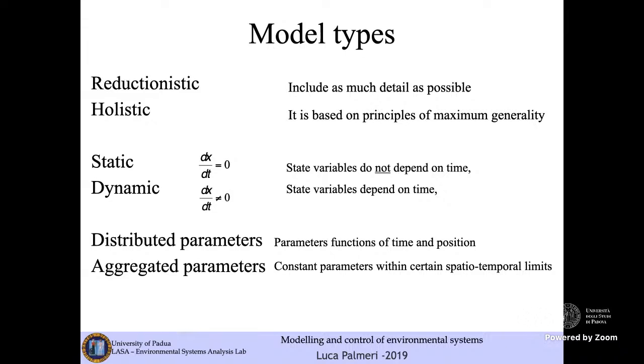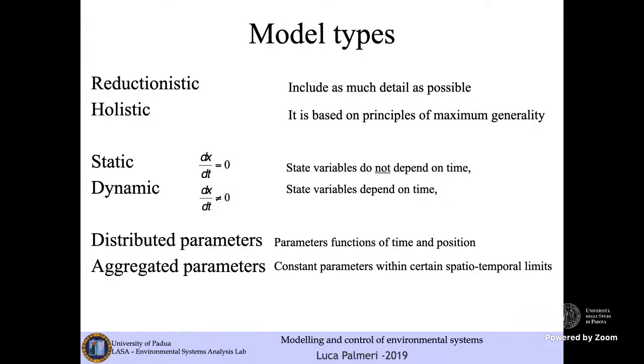On the contrary, a holistic model is a model in which you employ general indicators that are derived from principles of maximum generality, typically thermodynamic models in which you employ, for example, pressure, temperature, and volumes. These are holistic descriptions. Of course, there is the possibility of switching from reductionistic to holistic, and the tool for passing from reductionistic modeling to holistic modeling is normally statistical mechanics.